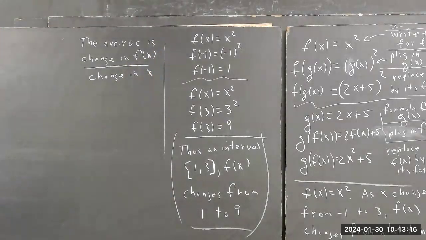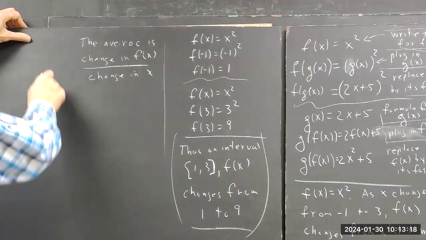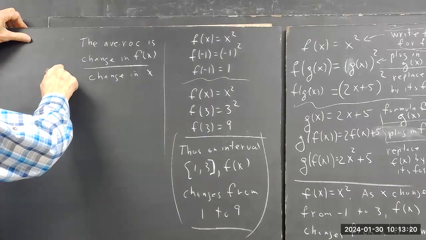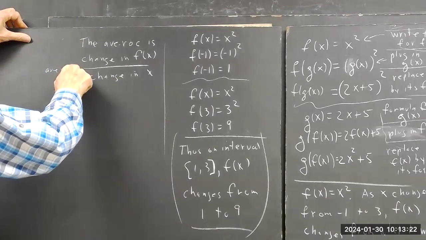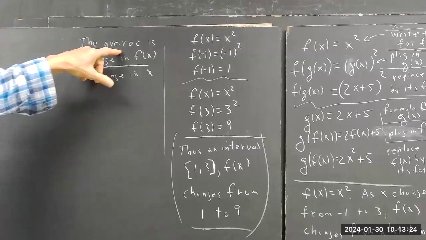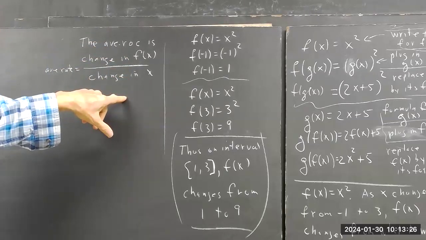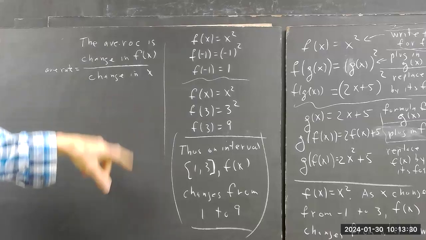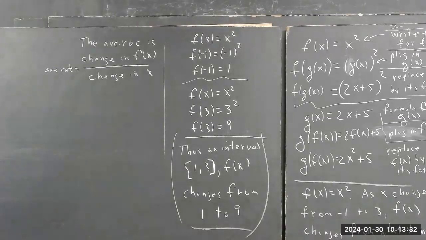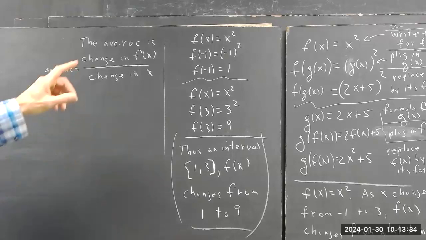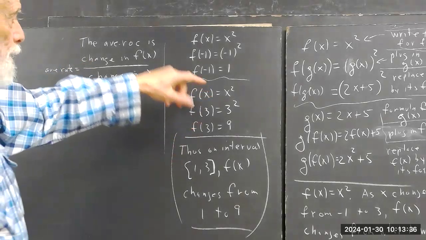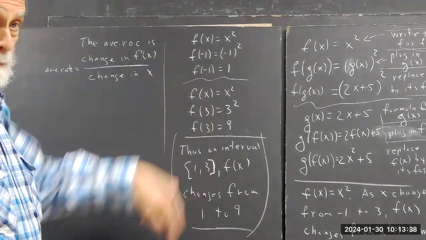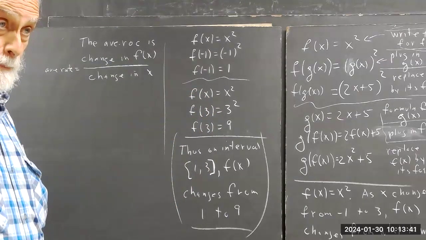Okay, average rate of change is change in f of x divided by change in x. Okay. Now, we know that f of x changes from 1 to 9. Okay.